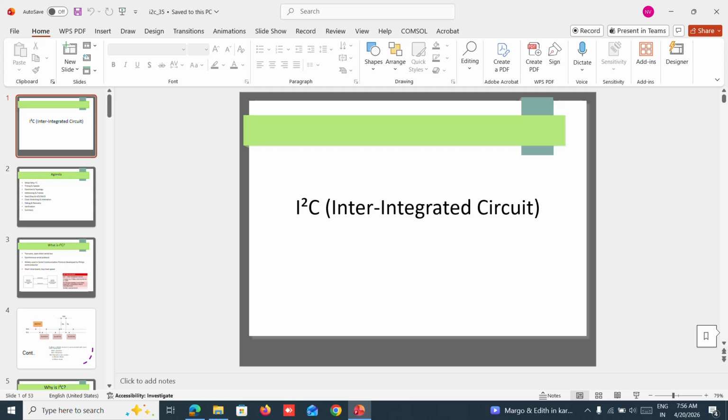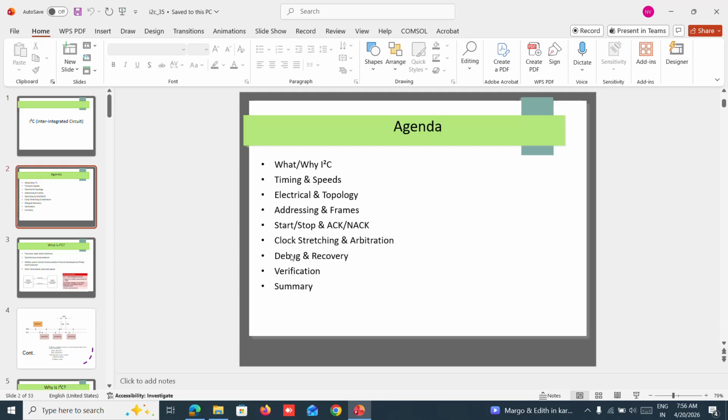Okay, so what is the agenda? What is I2C and why is it needed? Timings and speeds. After that, the electrical topology, how the signals are connected. Then data transmission format through frames, addressing frames, and then start and stop conditions.